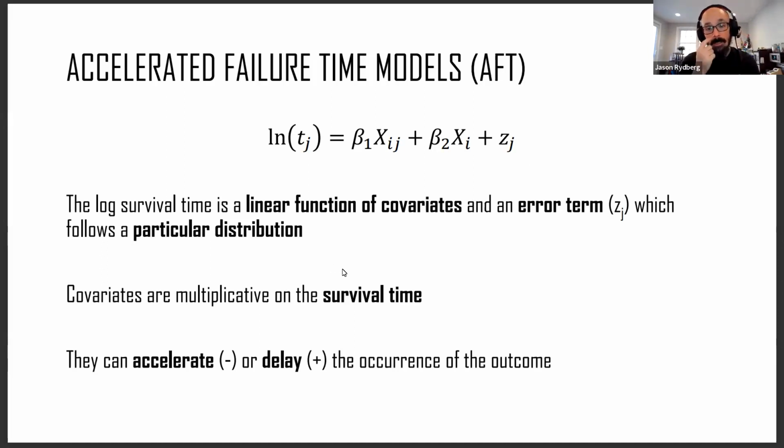The covariates are assumed to have multiplicative effects on the survival time. So we're going to describe those as shrinking or expanding the survival time. And you can think about those otherwise as acceleration, where these models get their name, or delay factors on the occurrence of the event.